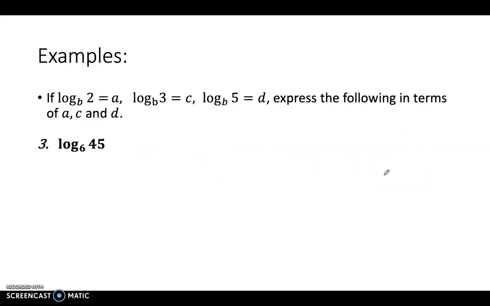Next, how about the third example? Logarithm of 45 base 6.